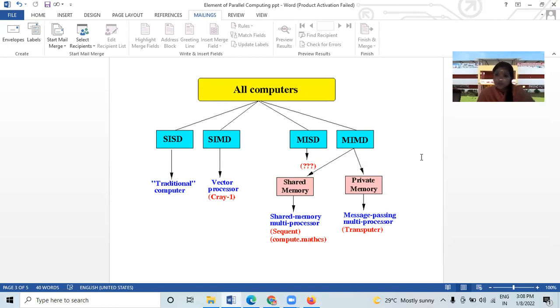So multiple processors can use multiple instructions and perform on multiple memories. Multiple instruction and multiple data refer to a parallel architecture.